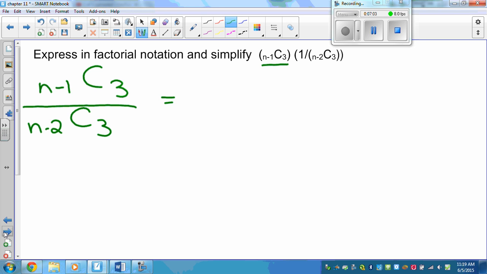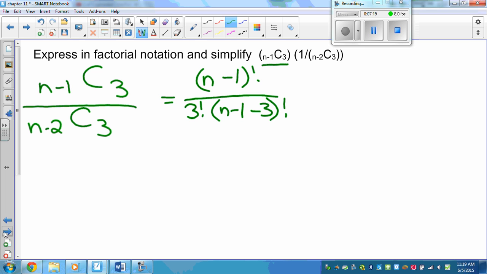We can't use our calculator because we don't know what n is. Using the formula, this is going to be n minus 1 factorial over 3 factorial times n minus 1 minus 3 factorial. So I just simplified this. Now I'm going to simplify the bottom.